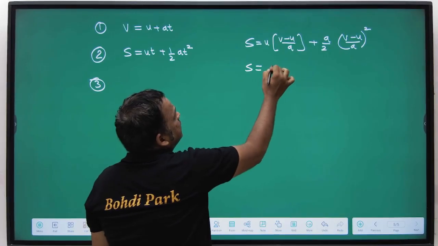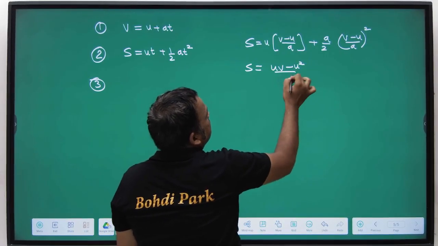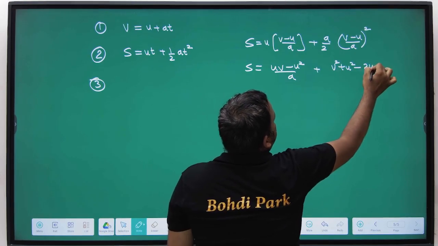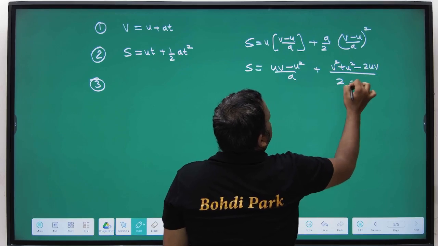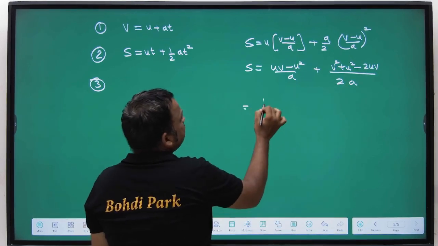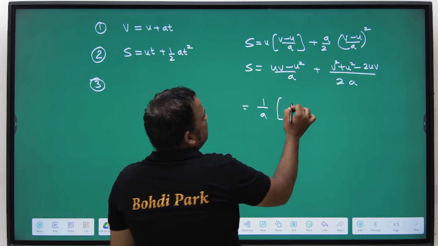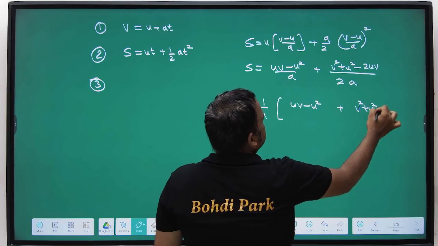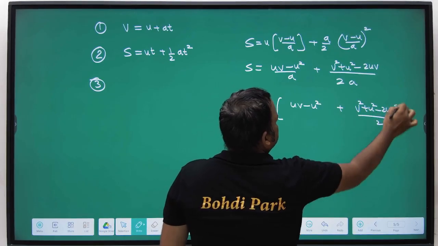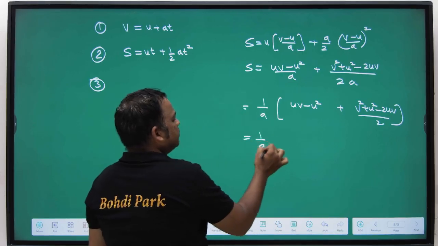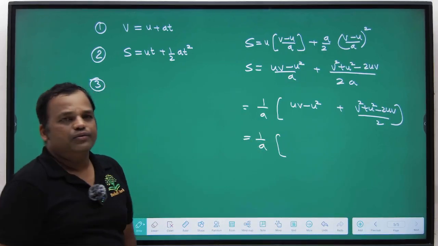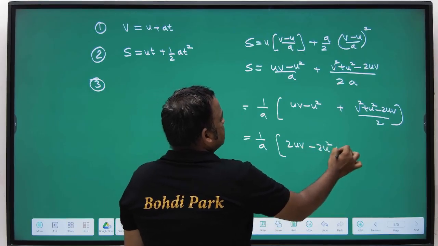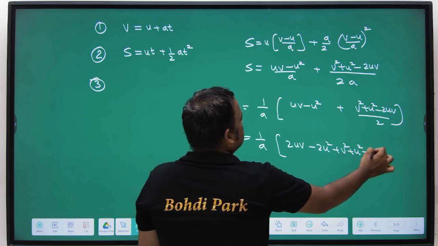So we'll get this is uv minus u square by a plus v square plus u square minus 2uv by 2a. Take 1 by a common, so this is uv minus u square plus v square plus u square minus 2uv by 2. If we simplify this, we'll get 1 by a into 2uv minus 2u square plus v square plus u square minus 2uv.